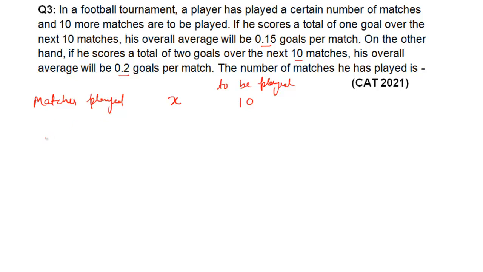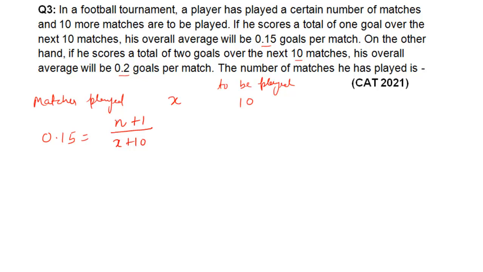So 0.15 is the average when he scores 1 goal. I can write, if he has already scored n goals in the earlier matches, and he scores one more goal, then n plus 1 goal divided by the total number of matches played, which is x plus 10, because 10 matches have to be played.